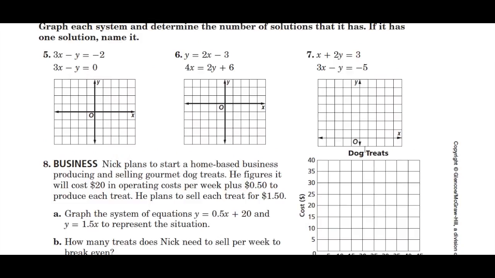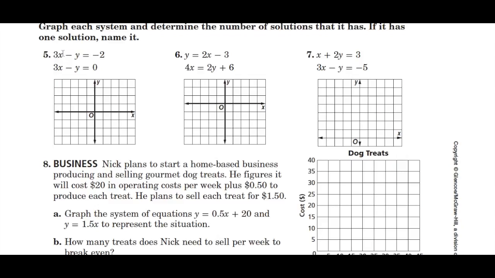So for number 5, we're going to graph these and then determine if it has solutions. And if there is one, name it. There are 2 equations, both written in standard form.